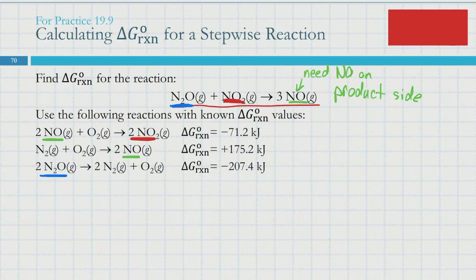So we're just finding the components that we need, and then we can flip our reactions around to get what we need. So I'm going to start with this 2N2O reaction. We want 1 N2O. So let's do 1/2 of that reaction.